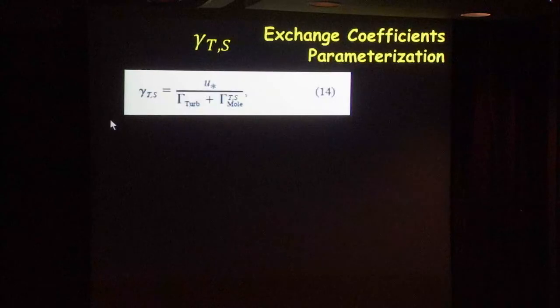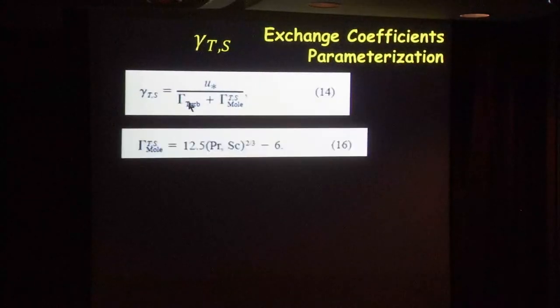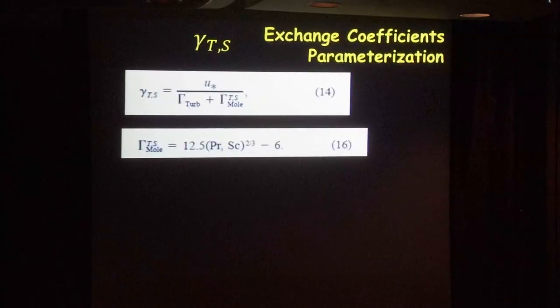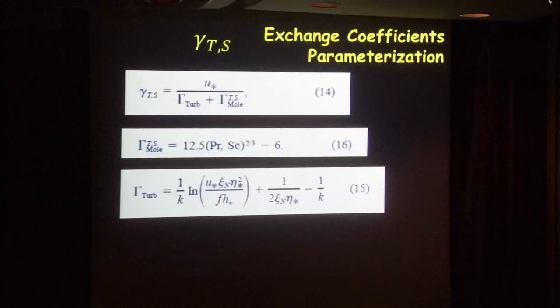Going back to engineering fluid dynamics, these exchange coefficients, this is their formulation: friction velocity divided by these other gammas, one due to turbulence, one due to molecular diffusion. I'm not going to explain these, and you can read all these numbers. And you say, oh my gosh, what is all this stuff? Well, it's stuff people have measured: Coriolis parameters, sublayer viscosity thickness, empirical parameters, stability parameters, blah, blah, blah.